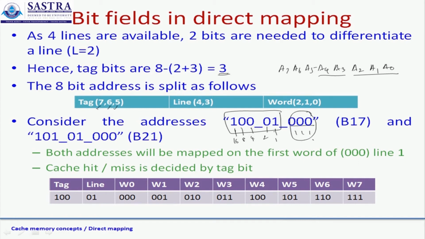So at present we won't bother about these bits, since they belong to the same block. The block number is B17. For the other address, this is 16, here we have 4, here we have 1. So 21, block 21.